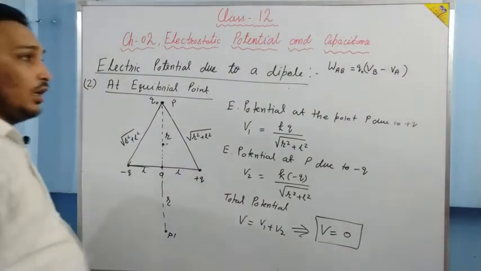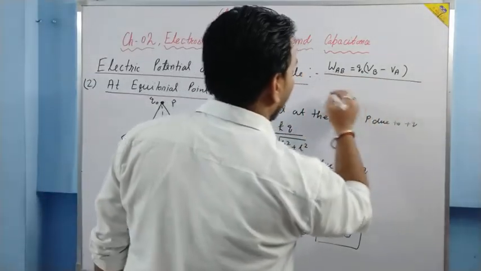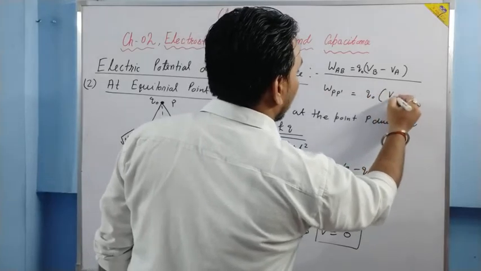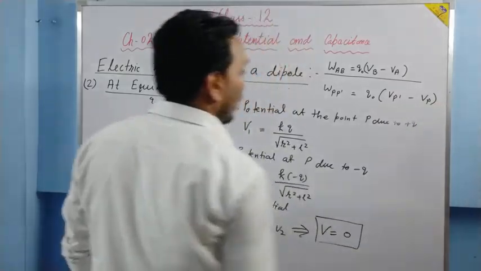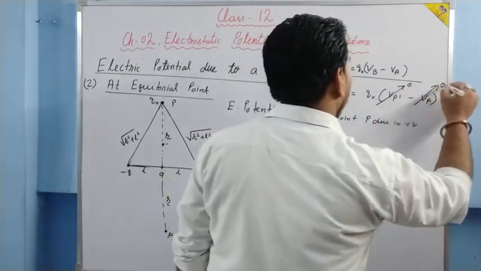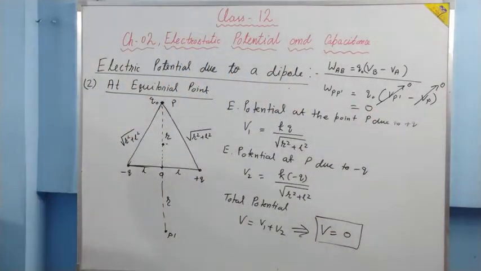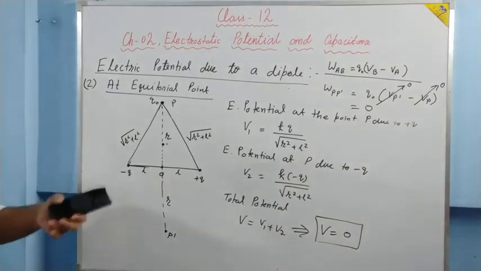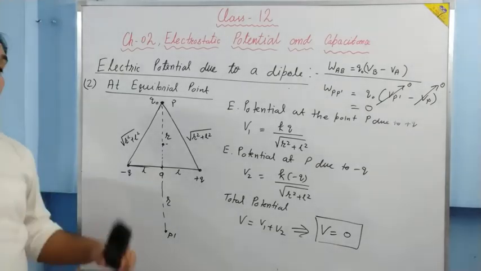Now here it is P and P dash, so W PP dash is equal to Q naught times V P dash minus VP. This is also 0 because it is an equatorial point. So the work done is 0. Directly, this is a 1 mark question in the board examination, but it is not going to be asked this straight. It will be asked on the coordinate axis.